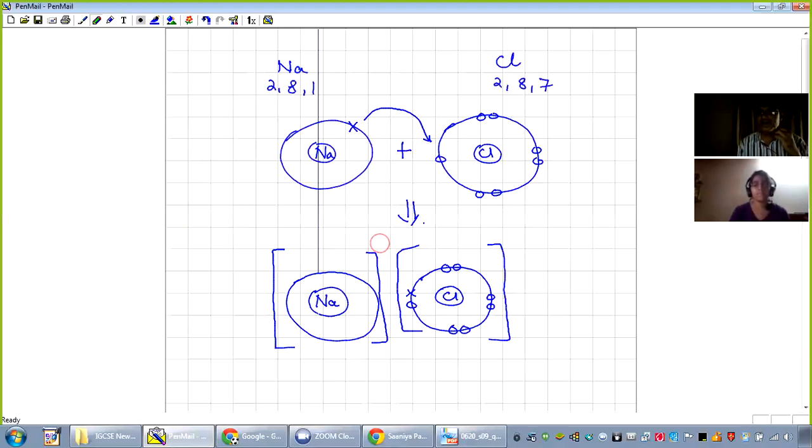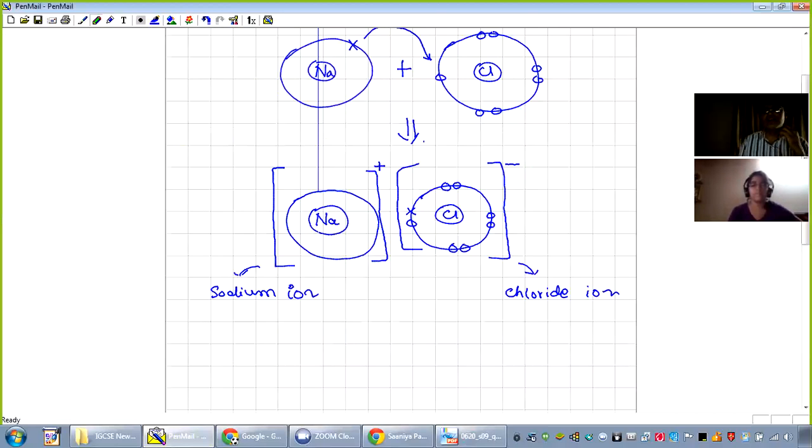This is going to become plus. This is going to become minus. This is what is known as chloride ion. And of course, this is sodium ion. Separately, this is sodium ion and this is chloride ion. Obviously, they will be combined together, and that is going to be known as sodium chloride.